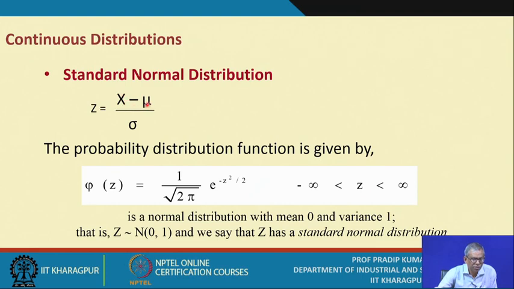So the difference is x minus mu, where mu is one of the parameters, and x minus mu is expressed in standard deviation units.